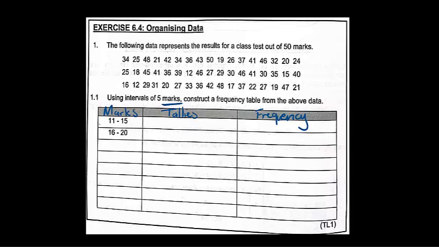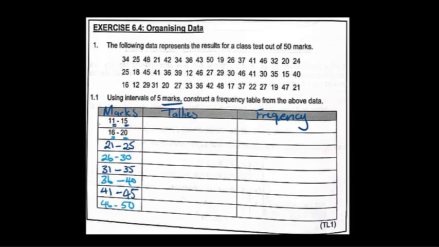So we're going to go 11 to 15, 16 to 20, 21 to 25, 26 to 30, then 31 to 35, 36 to 40, 41 to 45, and lastly 46 to 50.